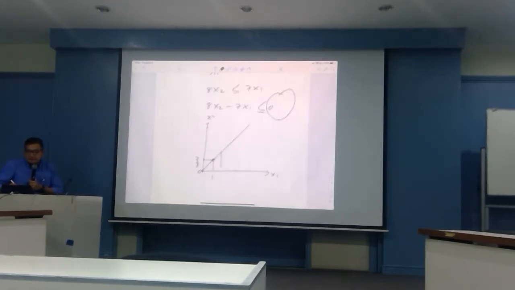If you substitute x1 to be 2, x2 you're going to have 14 over 8, right? But it looks weird that you have the fraction here, so I prefer the integer value to make it easier when drawing the line.